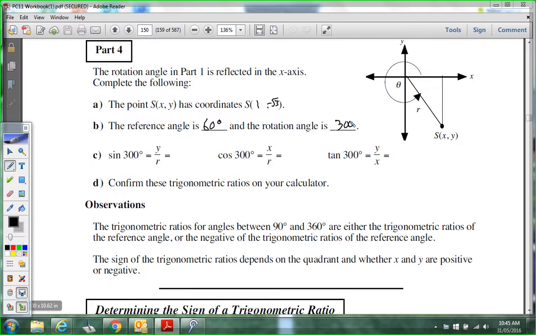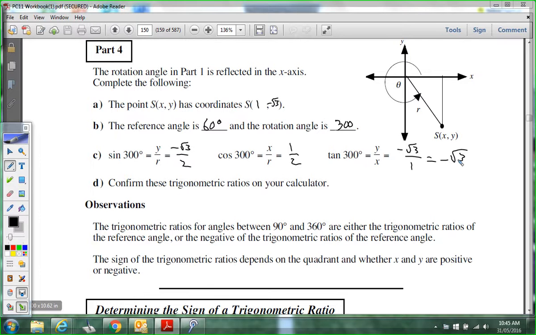Y over r, negative root 3 over 2. We're still negative for y, which makes sense because we're below the x-axis. Cosine is positive, so it's 1 over 2. And then tangent's going to be negative because the y is negative. So again, like we said, cosine was the only thing positive in that section.